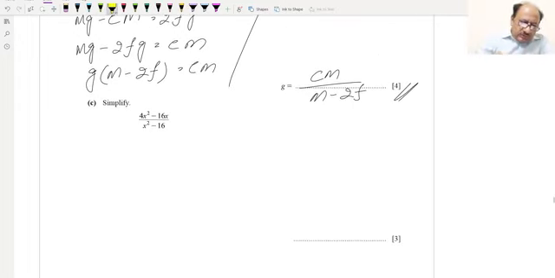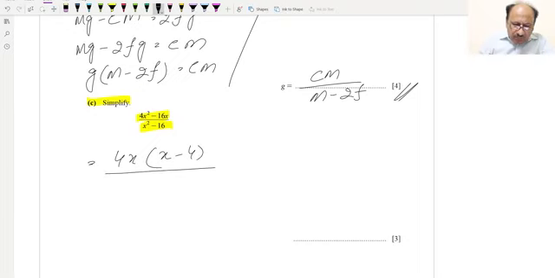Now next, C part, simplify. This one we have to simplify. So we will be taking the maximum common factor from the numerator, 4x we can take common, so inside will be x minus 4. In the denominator we can apply the formula a squared minus b squared is equal to a plus b into a minus b.